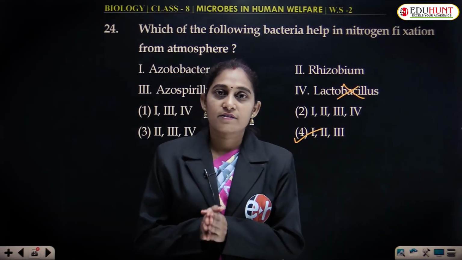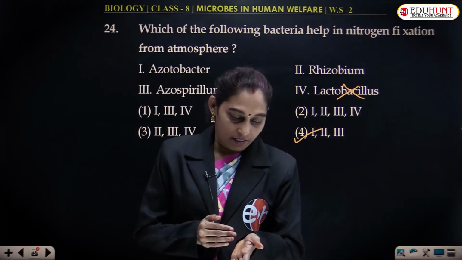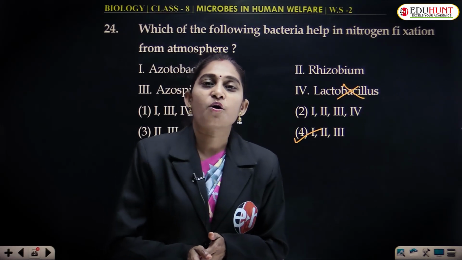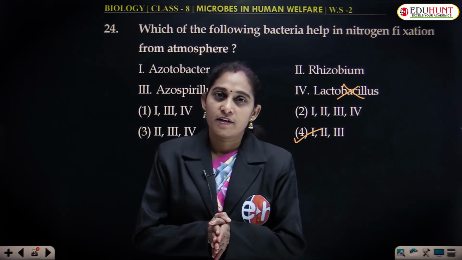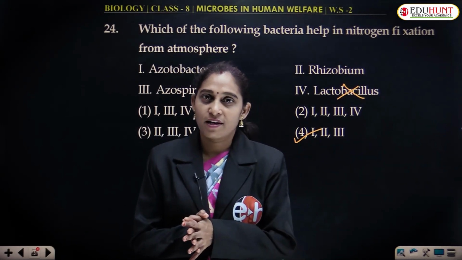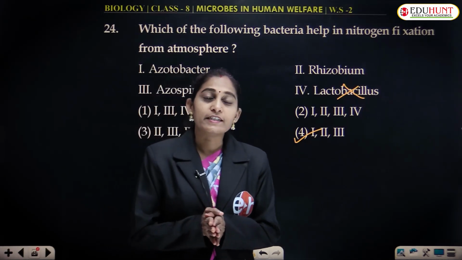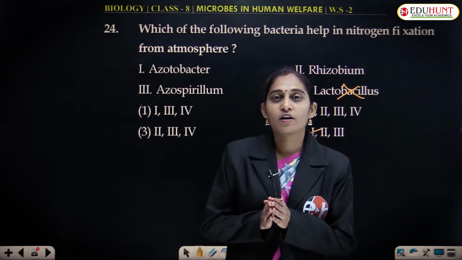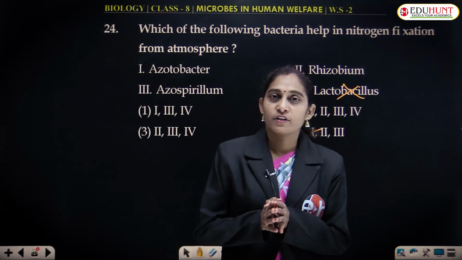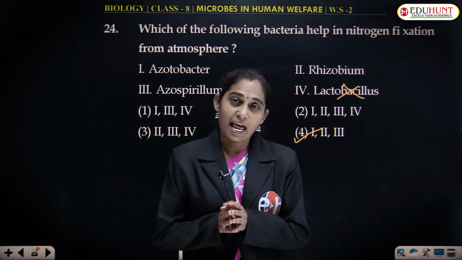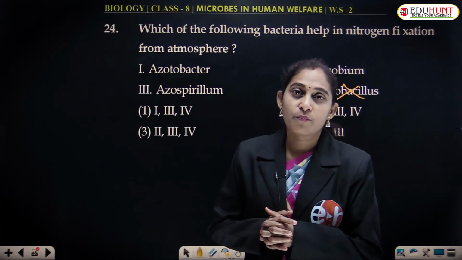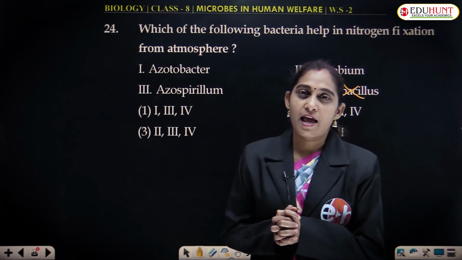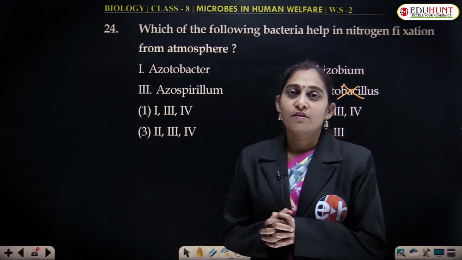My dear students, we have seen so many questions based on bacteria as well as fungi. Yeast, a category of fungi, is involved in production of some alcohols, and also alcoholic beverages.